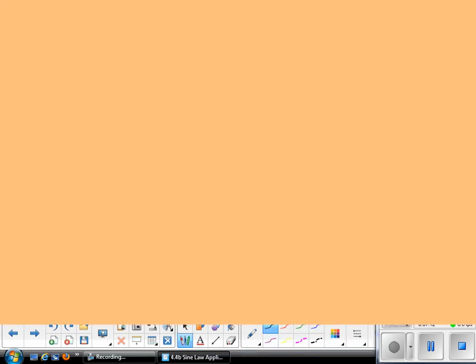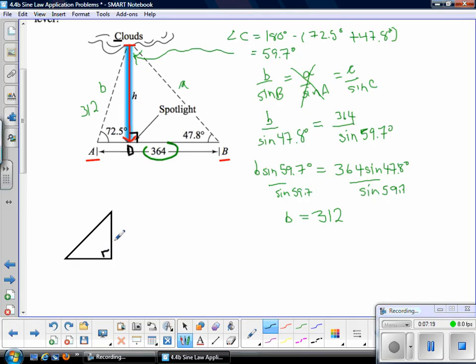And so I have my right angle at the bottom. This is the H I need to find. This is angle D, angle A, angle C. I know this is 312. So I'm just transferring the information that I have onto my small triangle.